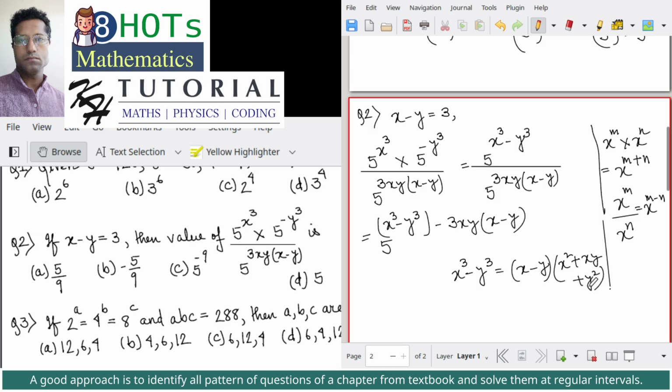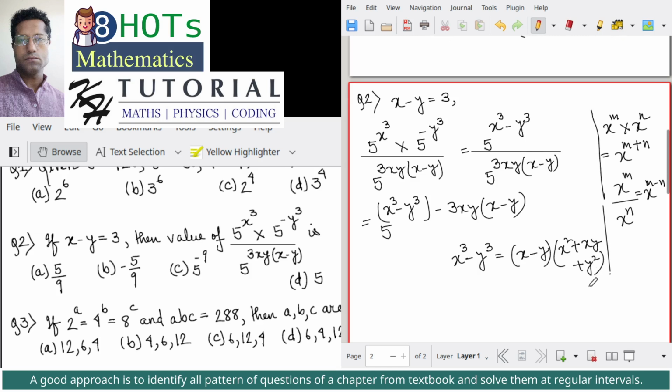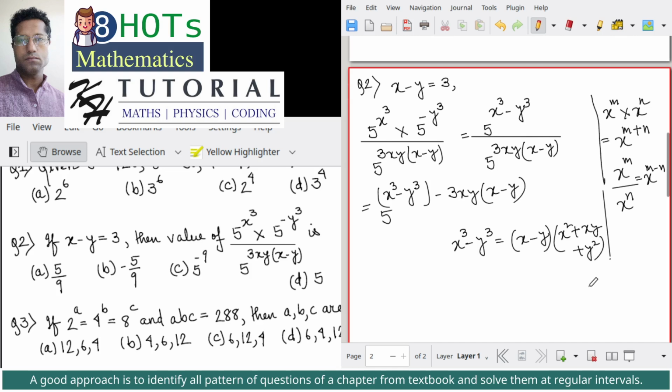I hope you are familiar with this algebraic identity already. Okay, so I will use this identity. Now I will expand x cube minus y cube using the algebraic identity.